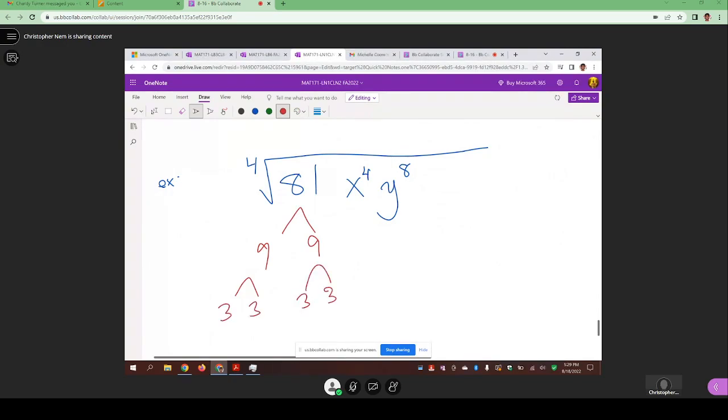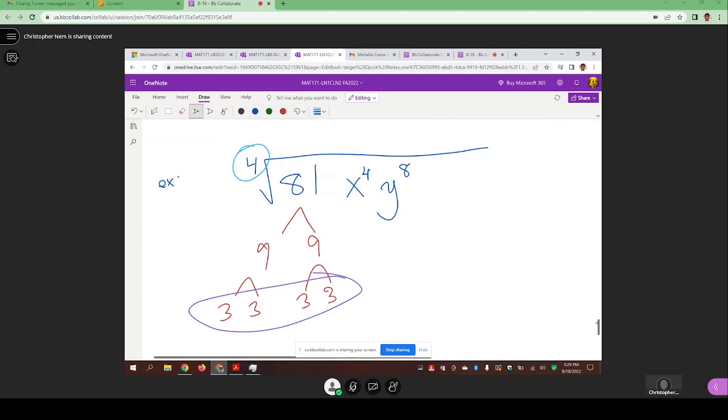Those are our only primes. Notice that my index this time is the number 4. And because it's 4, I need groupings of the same prime numbers in groups of 4. Well, there's only 3s, but thankfully there's four 3s, so I can circle that.